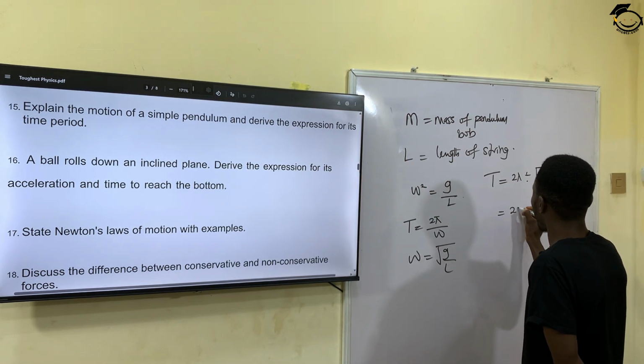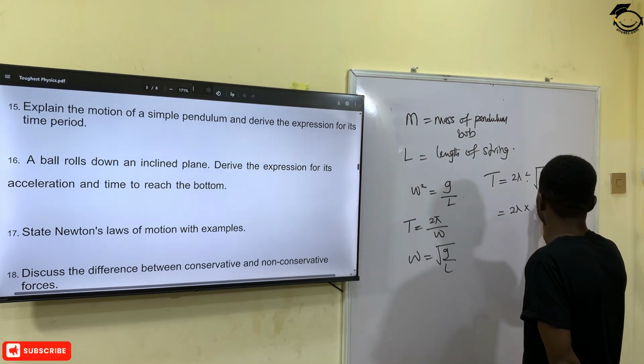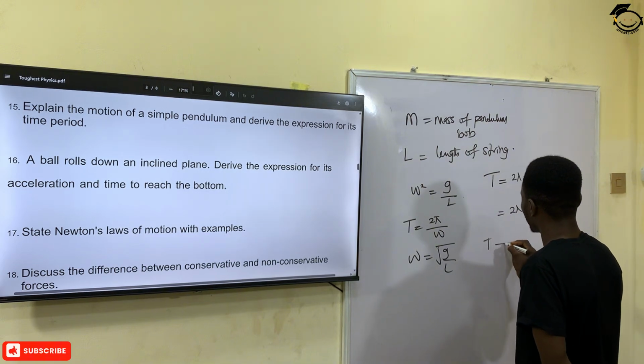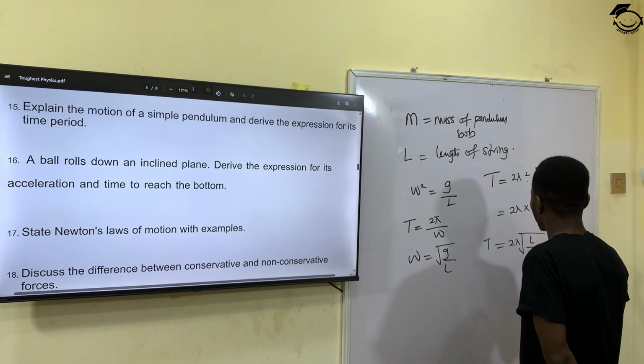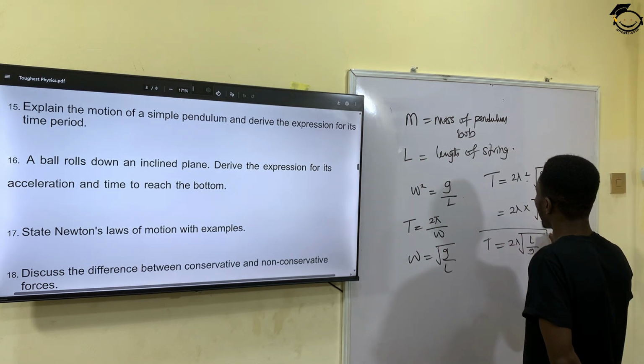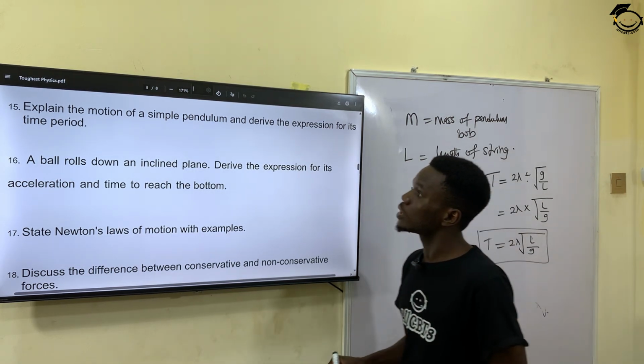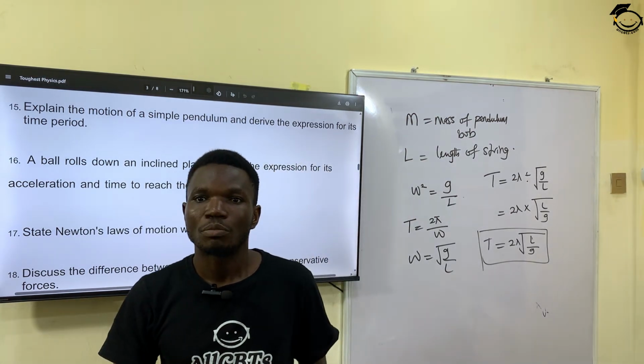This will give me 2 pi times the square root of L over g, which means that my period therefore is equal to 2 pi square root of L over g. So this is the formula for calculating the period under simple harmonic motion.